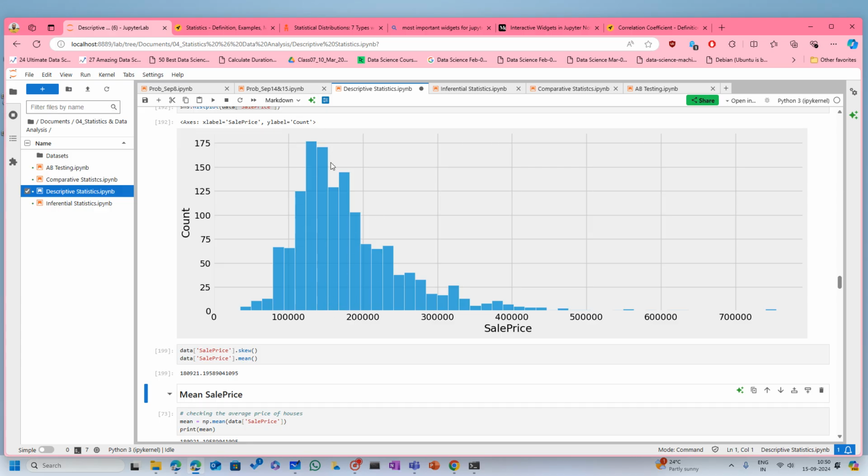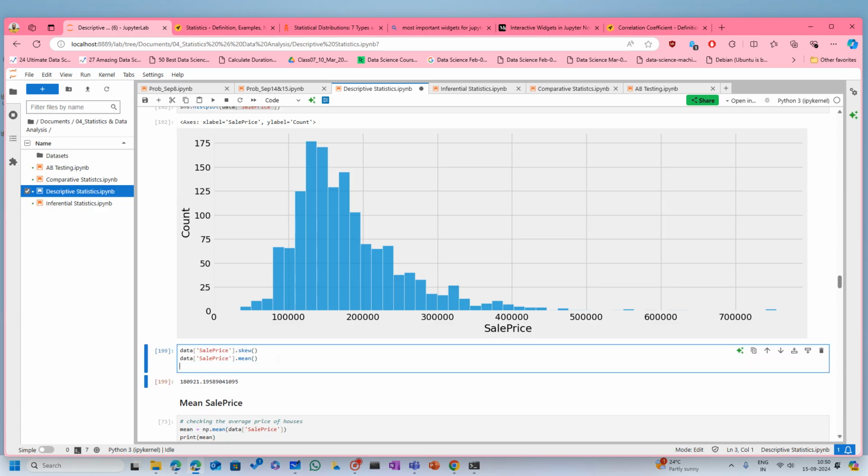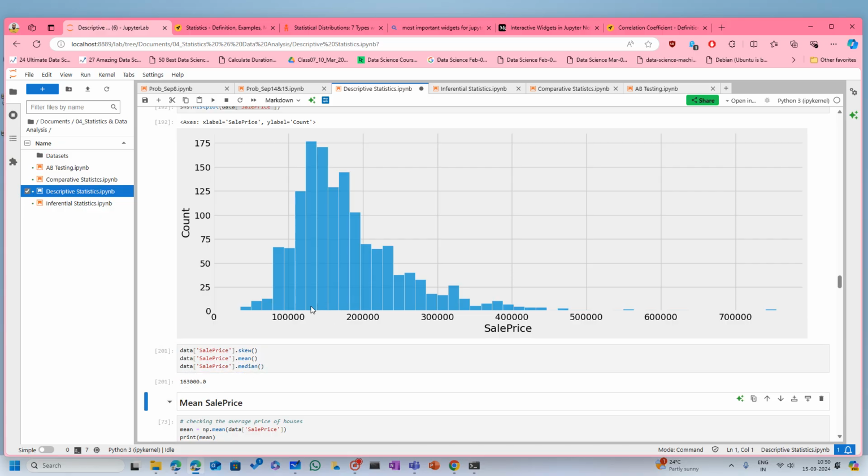Mean, median, these are here only. And if you calculate the median, the middle value, that is also somewhere here only. So median is here, this bar. Mean is here, maybe this bar.